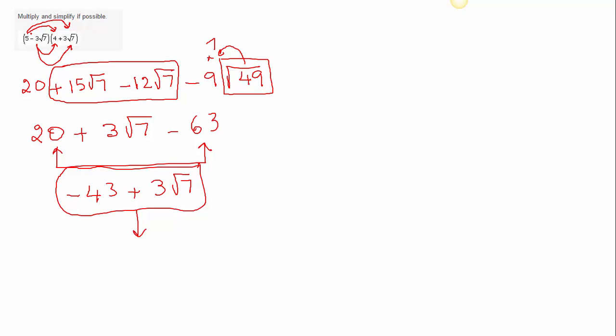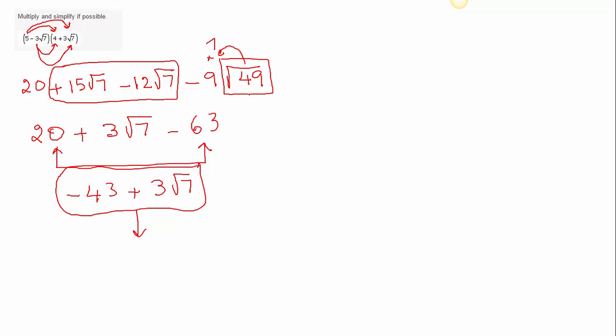So basically we multiply 5 times 4, that's 20. 5 times 3 square root of 7, 15 square root of 7. Negative 3 square root of 7 times 4, negative 12 square root of 7. And negative 3 square root of 7 times positive 3 square root of 7, that would be negative 9 square root of 49.